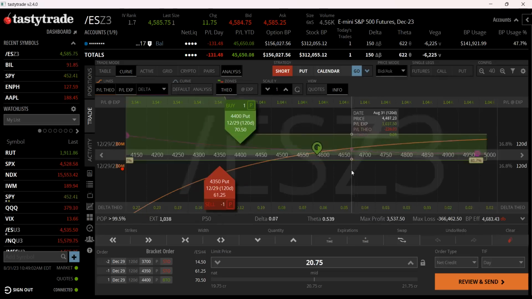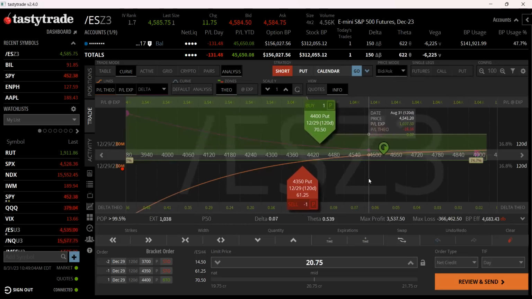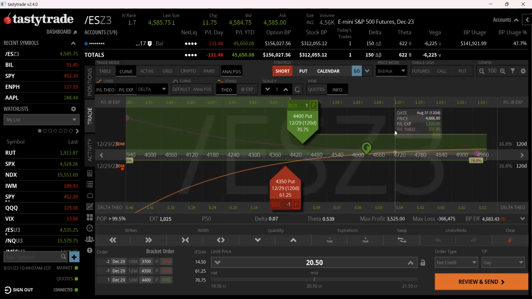All right, so here's what this trade is going to look like right now. We're looking at about $21-ish credit, but you're taking in $1,000 credit, and you're using about $5,000 in buying power. I like to double that because I'm trying to put on twice that size.